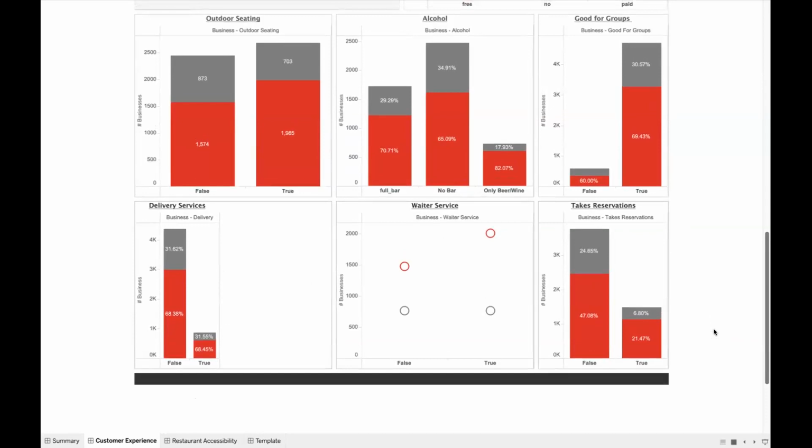Then takes reservations also shows a slight variation based on whether they take reservations or not. 47% of restaurants do not take reservations and they perform well. That means probably people do not want to reserve in advance and they like the flexibility of just being able to walk in.